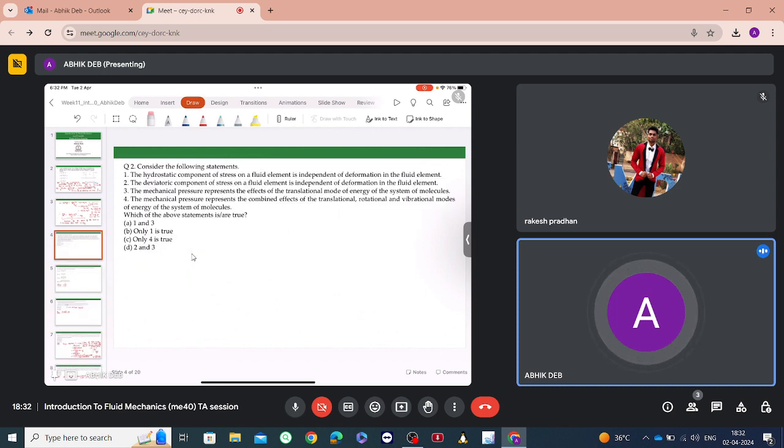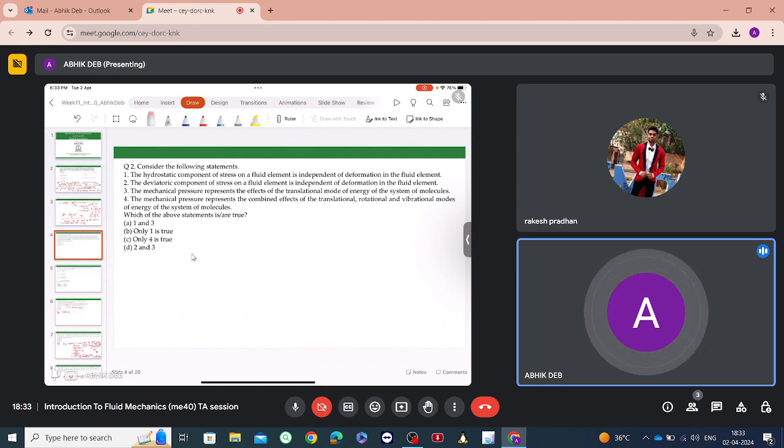So the first question is related to the components of stress on a fluid element. We know there are two components of stress, one is the deviatoric stress, one is the hydrostatic stress. The hydrostatic component of stress on a fluid element is independent of the deformation in the fluid element.